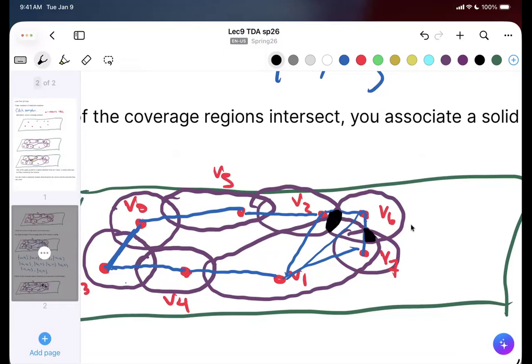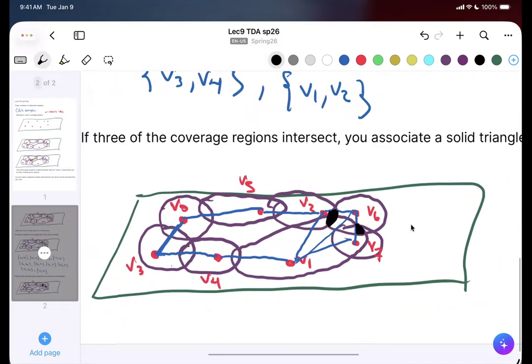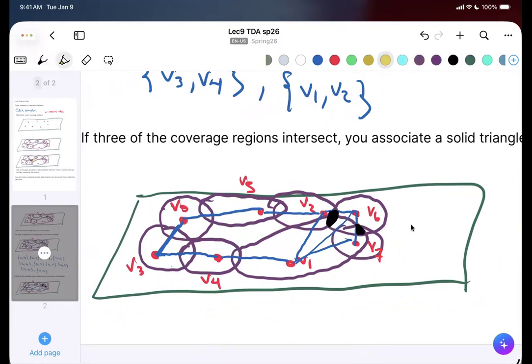That means there would be two solid triangles that you can draw in this picture as well. I'll color them in a moment.